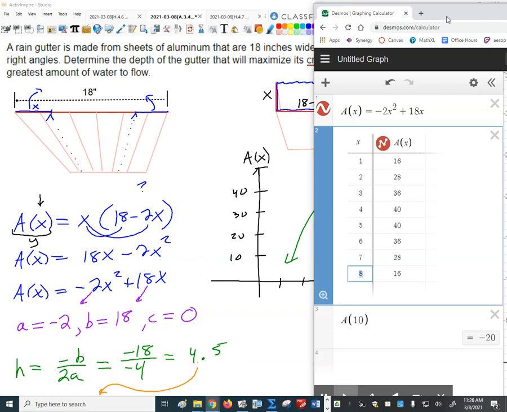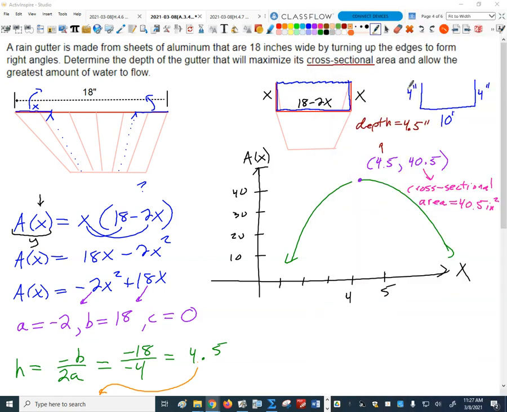So the table is useful sometimes, but in this case, it might not be much use at all. I guess I could reason that because those are even, I get the same outputs at 4 and 5, I could average the two. You could maybe think of it that way. But it's easier just to find the vertex directly, right?